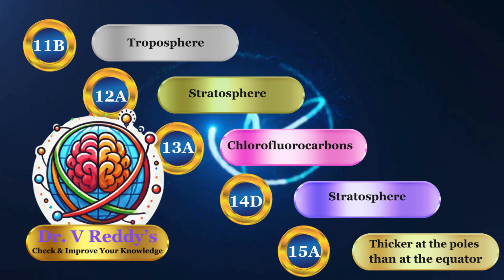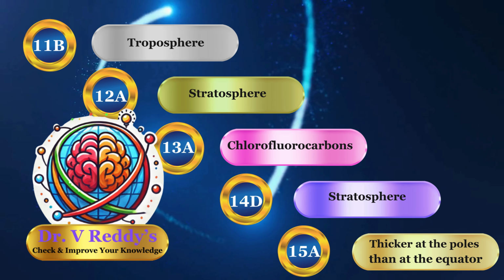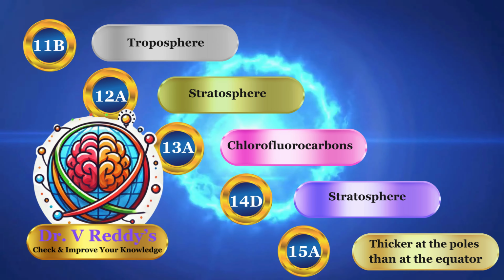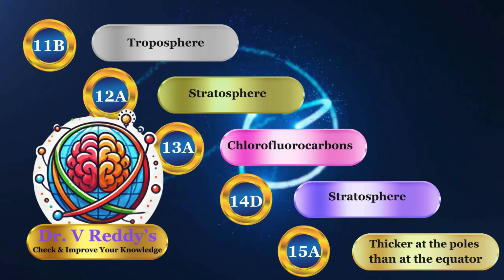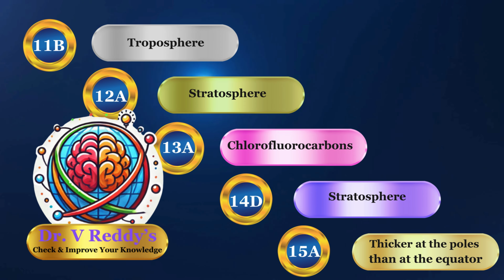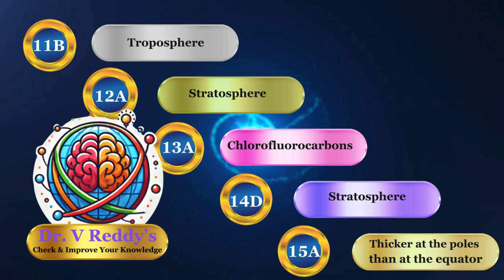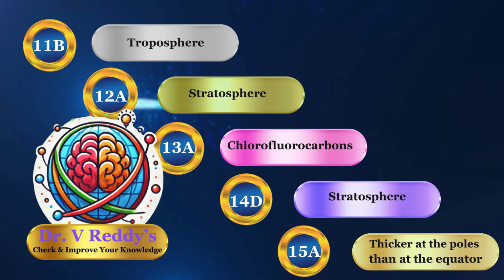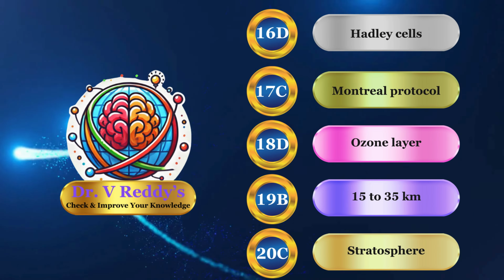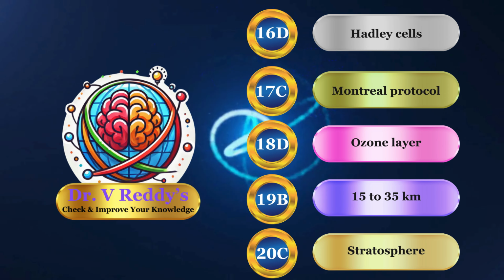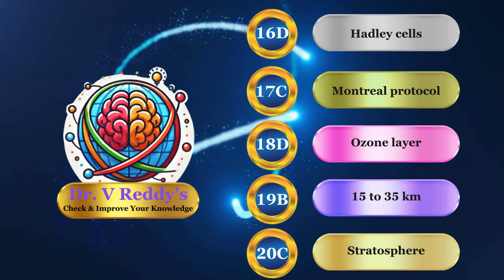11. B. Troposphere. 12. A. Stratosphere. 13. A. Chlorofluorocarbons. 14. D. Stratosphere. 15. A. Thicker at the poles than at the equator. 16. D. Hadley cells. 17. C. Montreal Protocol. 18.